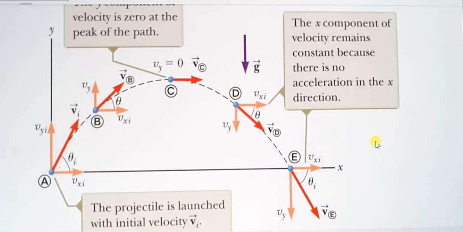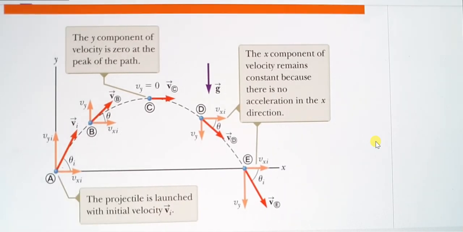In the y direction, projectile motion is a free fall problem. In the x direction, it's just a simple problem, we have no acceleration. So again, motion in two dimensions is the general case.